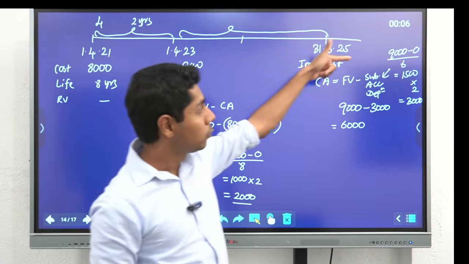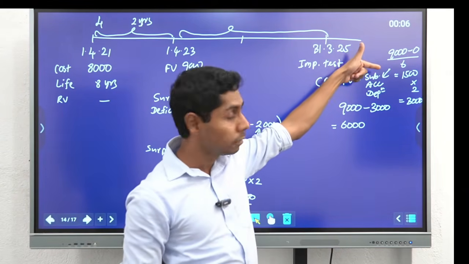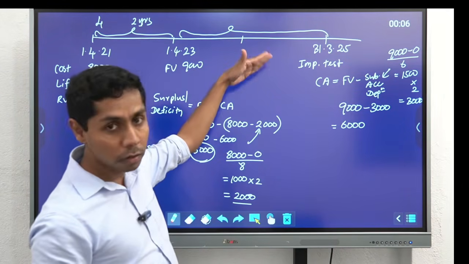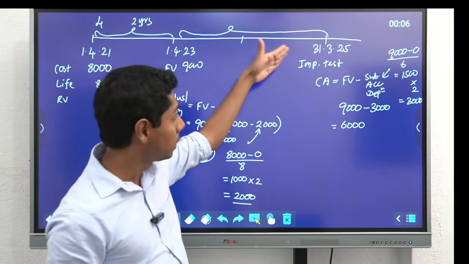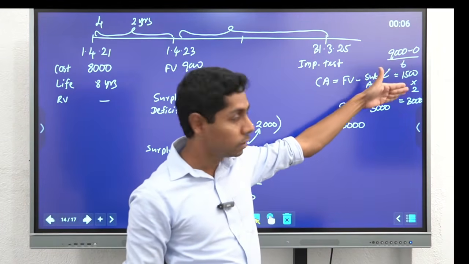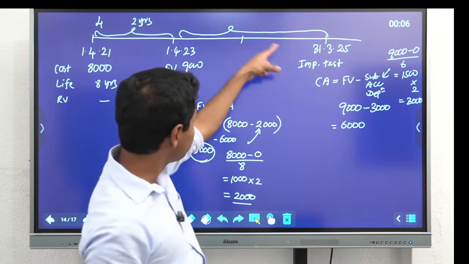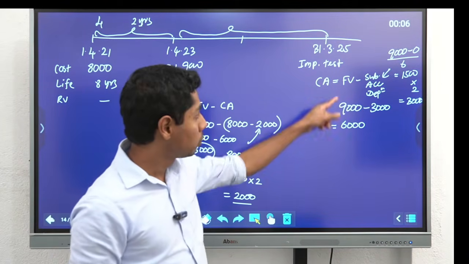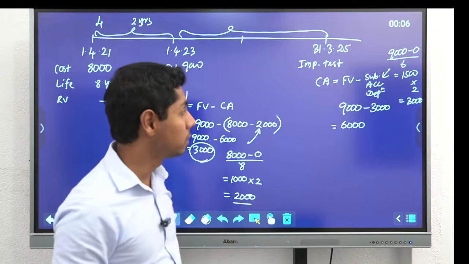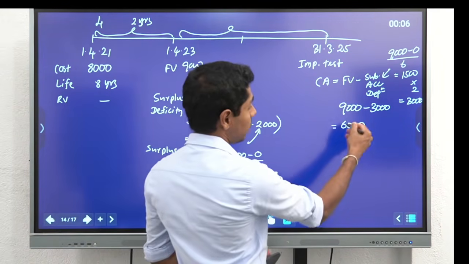Therefore 9,000 divided by 6 is 1,500 a year. Now 2 years have gone after the revaluation when we undertake the impairment test, so 1,500 into 2 years, accumulated depreciation is 3,000. So the fair value minus subsequent accumulated depreciation gives a carrying amount of 6,000.